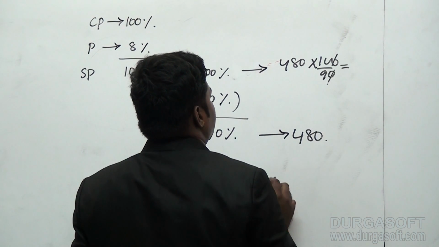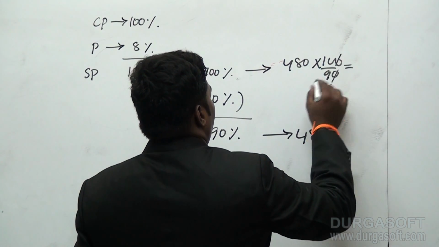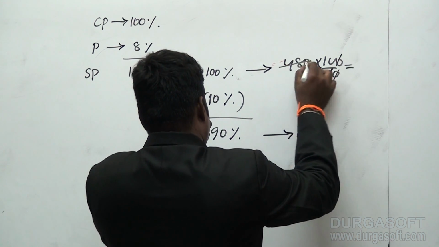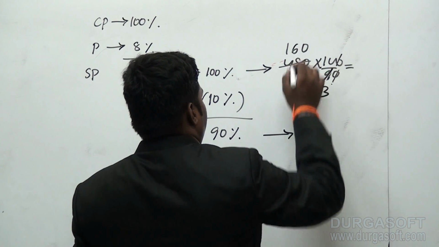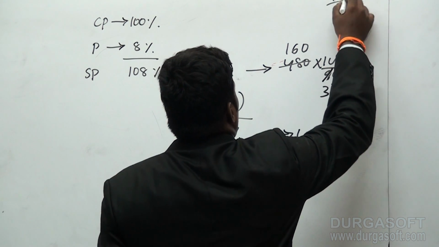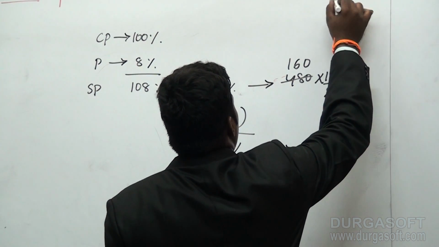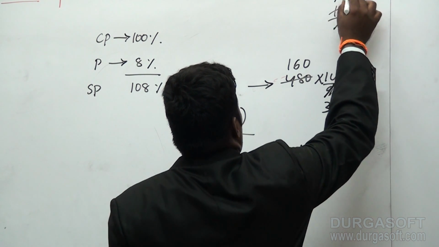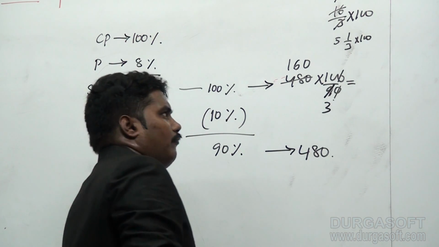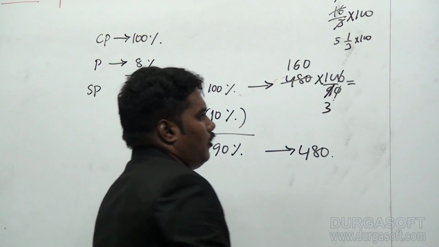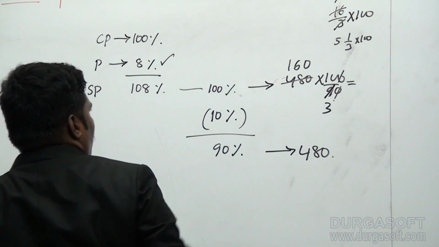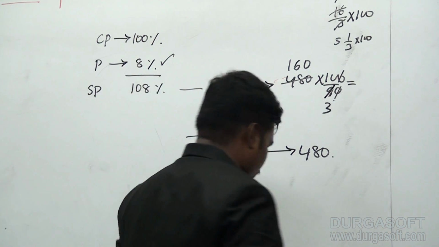Here the 0 cancels, or when you cancel with 3, 3 threes, 3 ones, 3 sixes and 0, it is 160 by 3, that means 16 by 3 into 100. When you cancel, 3 fives are 15 and 1 by 3, so 5 1 by 3 into 100 means 5.333 and so on is the profit plus 8.